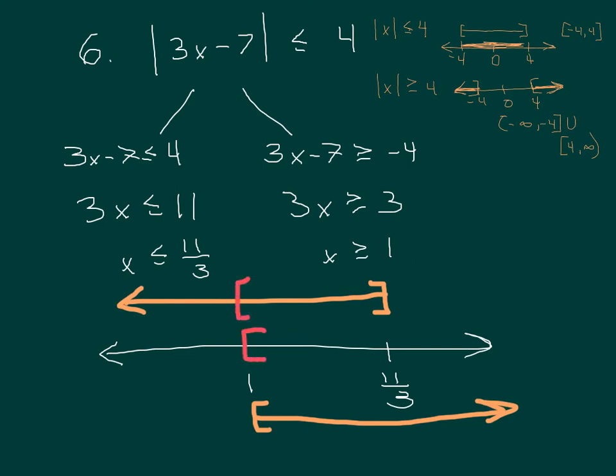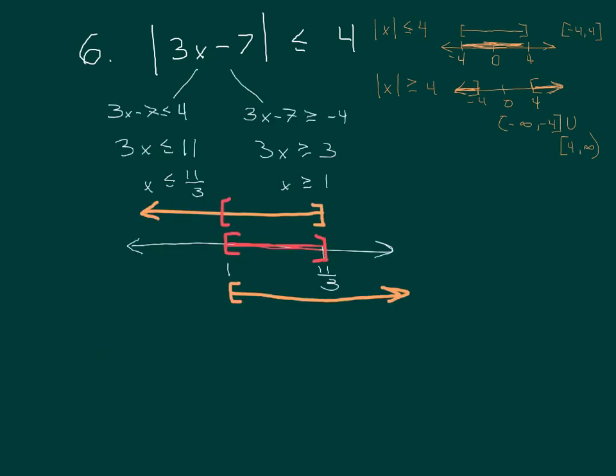I'll write it here, the overlap right there. So your solution set is going to be the interval 1 to 11/3. And as we looked at up here, when you have a less than or equal to, you expect to have a contained interval like this and like this.